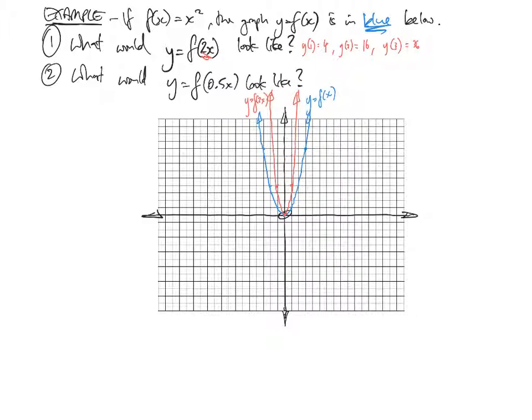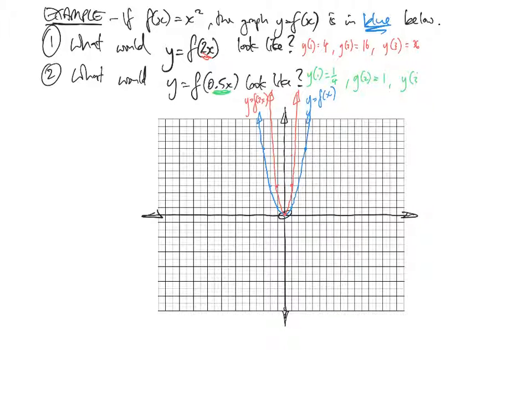Now in green, we're going to do the opposite way. I need some points. So this time, you're halving the variable before applying the function, which is to square. So 1 halved is a half, and a half squared, a half times a half is a quarter. So when x is equal to 2, halve it first, which is 1, and then you apply the function, squared. 1 squared is 1.